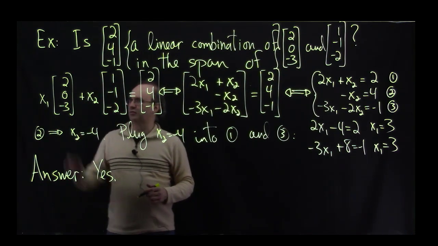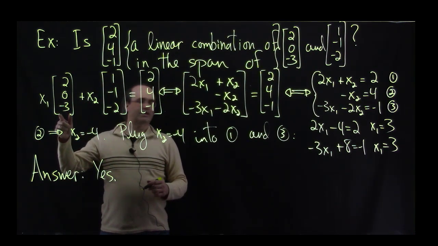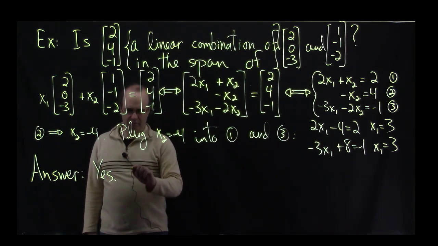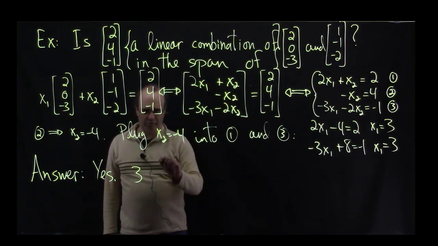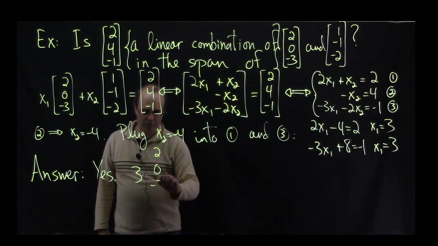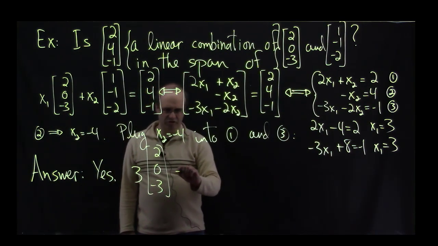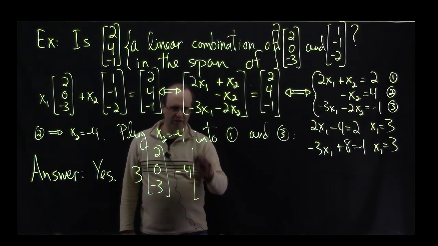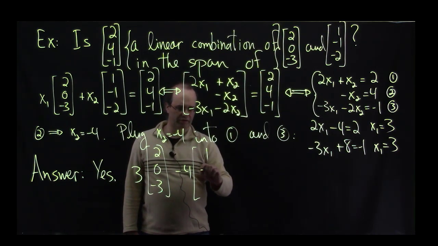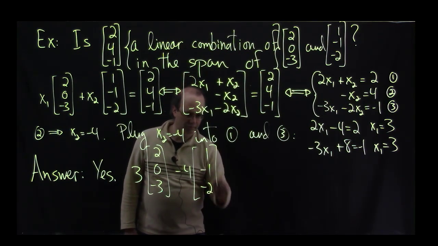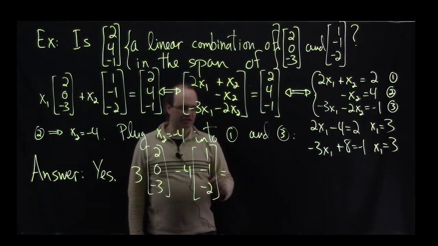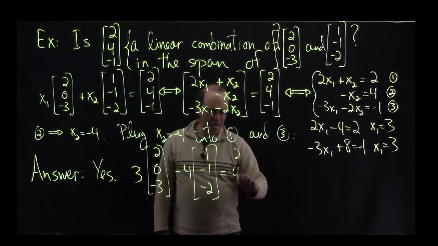If I replace x1 by 3 here, and x2 is -4, so minus 4 times the second vector, you get this, which will be equal to (2, 4, -1).